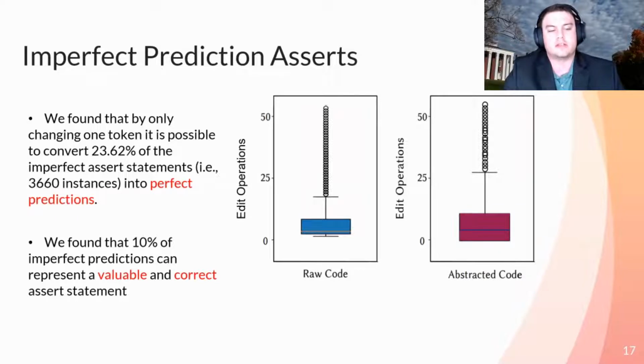We also found that 10% of the imperfect predictions can represent a valuable and correct assert statement, meaning that our model can provide some orthogonal results to what the developers had chosen to be the assert statement. And in the figure, you can see a distribution of the number of edit operations it would take to translate our imperfect assert statements into perfect assert statements.